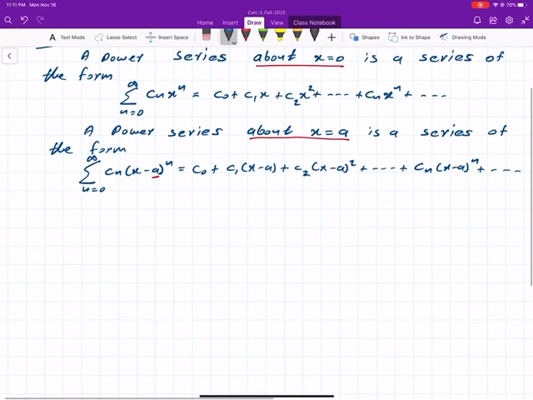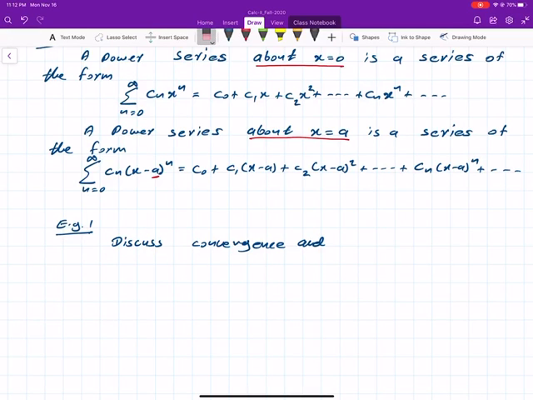Let's move to example number 1. Discuss convergence and divergence about the series sigma n goes from 0 to infinity x to the power n.